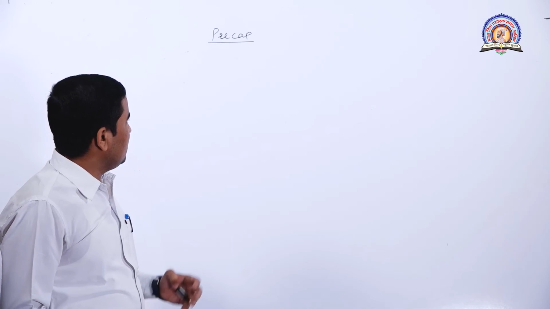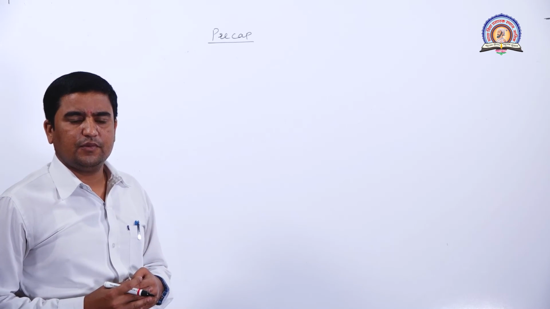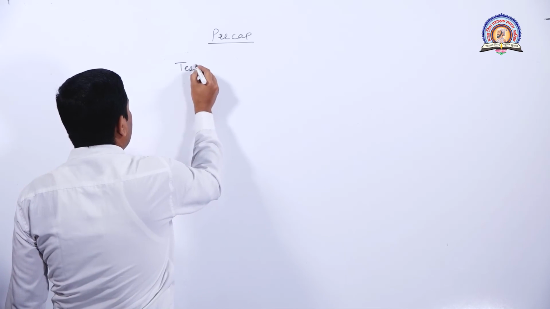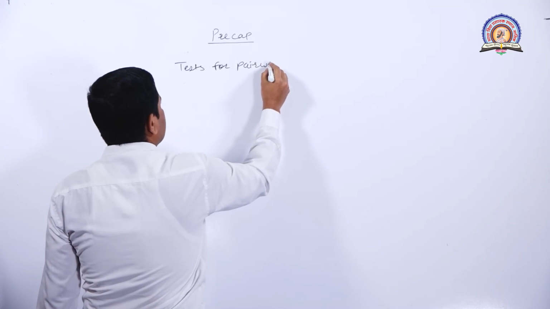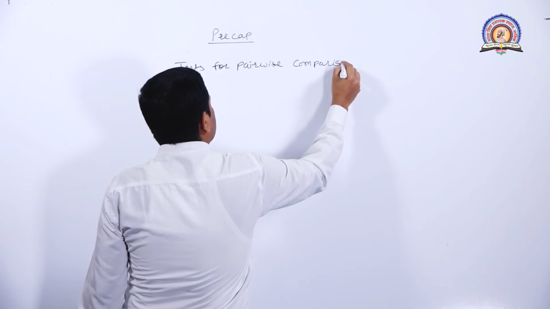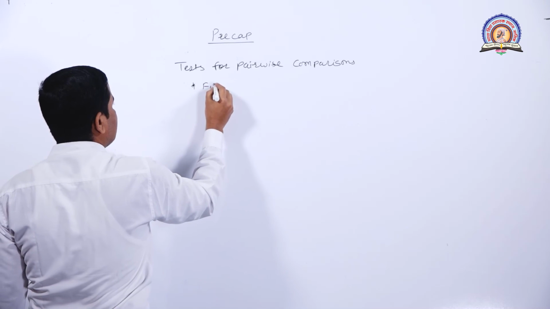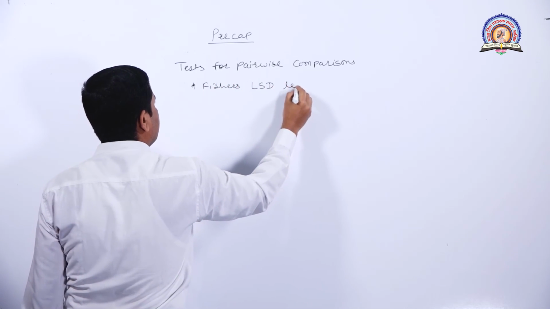In the next lecture, we are going to see the different tests for pairwise comparison. There are other tests for pairwise comparison, just like Tukey's test. Fisher's least significant difference test.